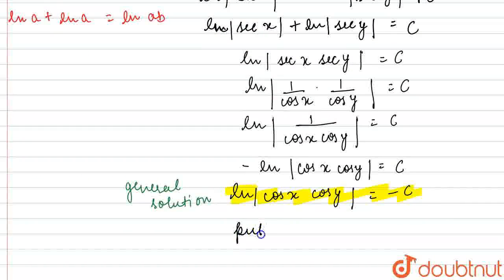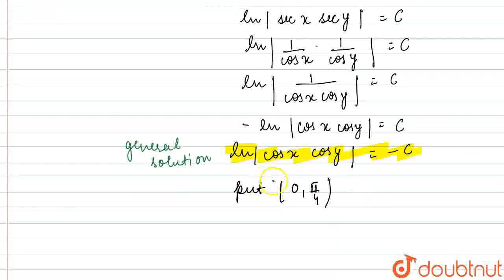So I'll put 0 comma pi by 4, since this curve is passing through this point. Putting x is equal to 0 and y is equal to pi by 4, this becomes ln mod of cos 0 into cos pi by 4 is equal to minus c.